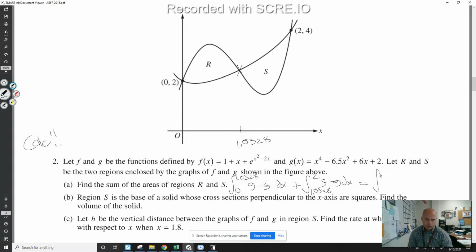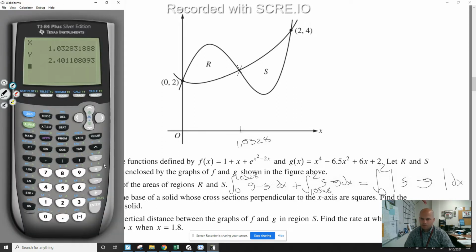Or 0 to 2, making sure my heights were positive, we could do either minus the other in an absolute value. You'll get the same answer. I'm not going to type in both. If you did it by yourself and split it up, good for you. You'll get this answer.